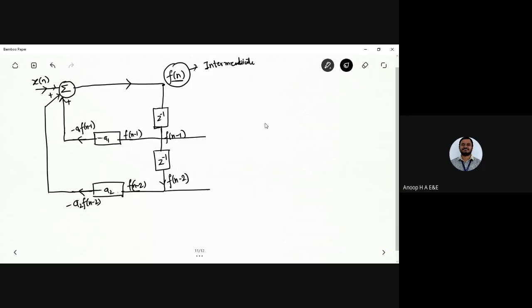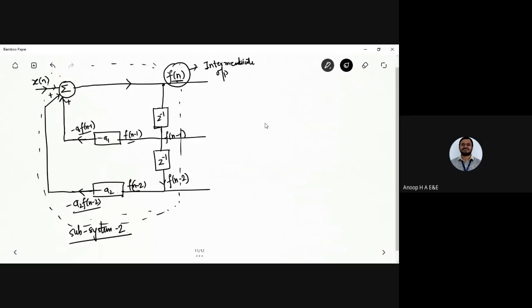Fine. Now this one which was there as subsystem 2, I can write it like this. This is the subsystem 2, I'm referring to the same problem, subsystem 2: minus a2 times f of n minus 2, and this one is minus a1 times f of n minus 1.